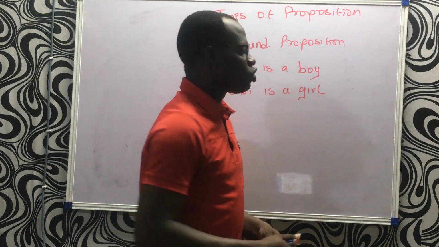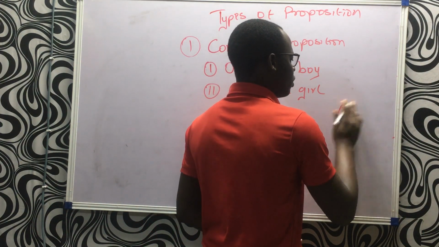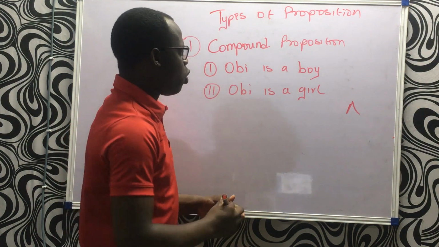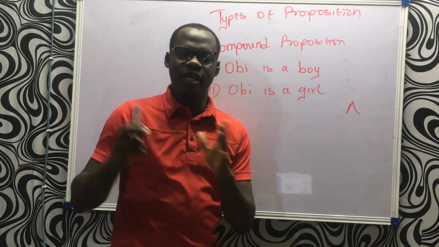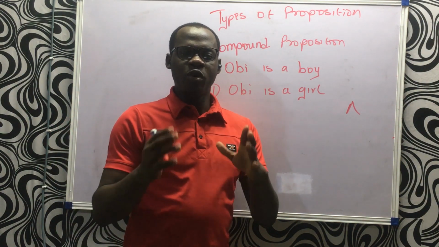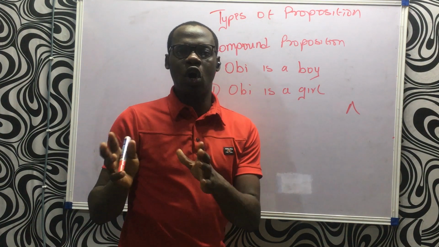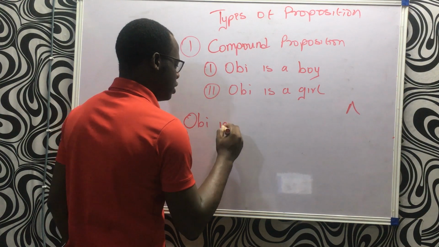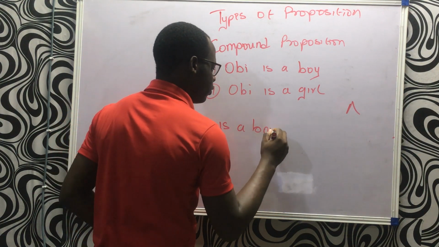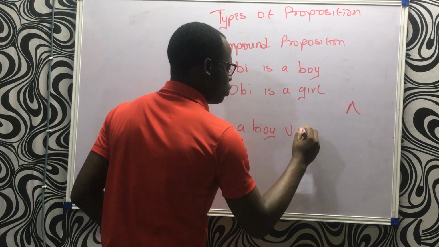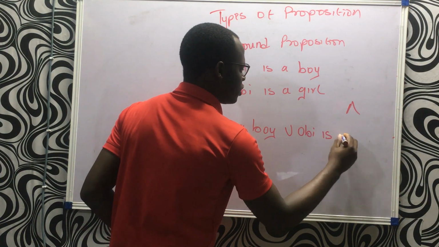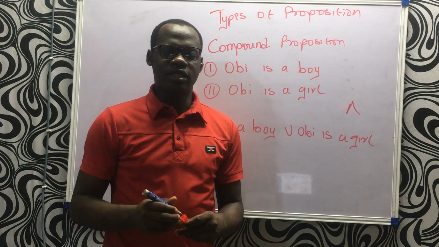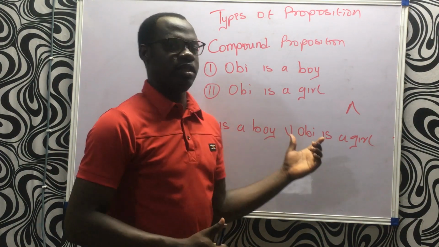Now you can't make use of and, you can't make use of that symbol, because Obi cannot be a boy and a girl at the same time. So we make use of the conjunction or. So we now say Obi is a boy or Obi is a girl. Now, this is how you represent the statement.